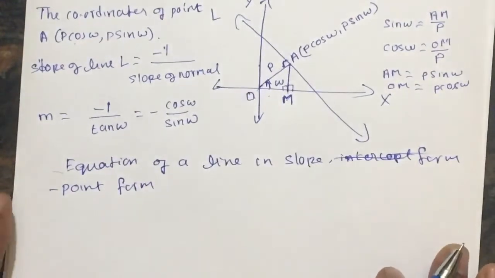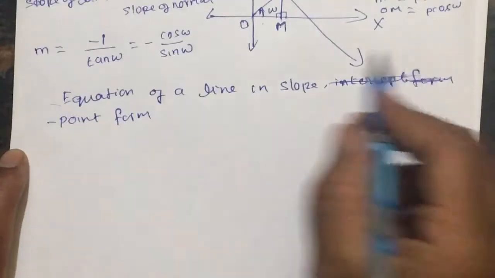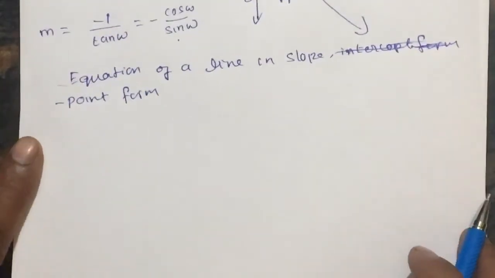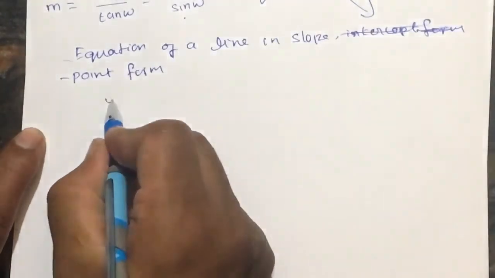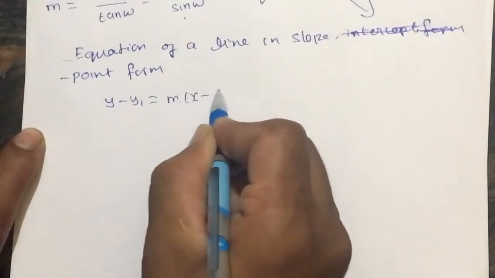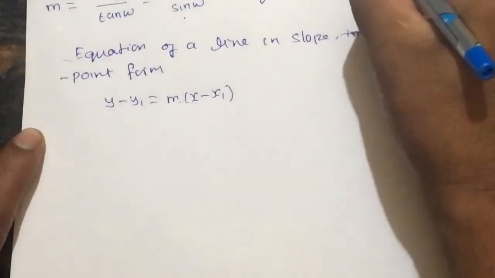Because we know the point A and also the slope, we use the point-slope form: y minus y1 is equal to m into x minus x1. Now this is our x1, y1.